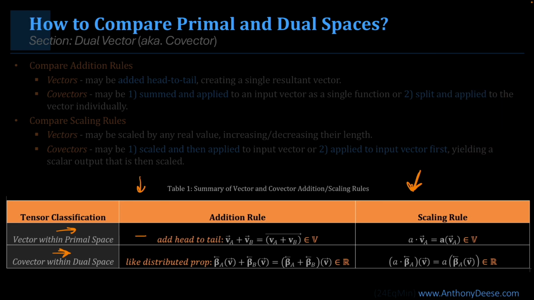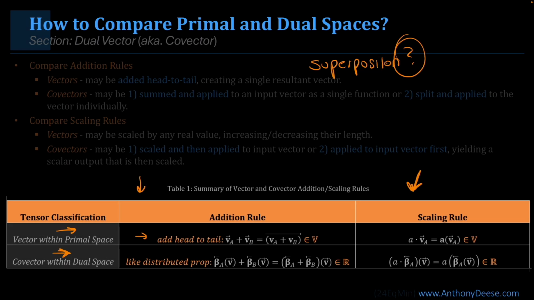So we've already seen this. We know that vectors in the primal space add head to tail, and I put a correction in the description for the video on the primal vector. I don't know why I said that the primal vector space satisfied superposition. That doesn't make much sense, given that superposition is generally a characteristic of a function. So I corrected that in the description.